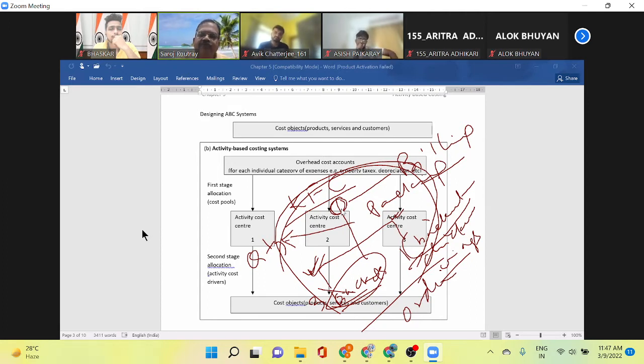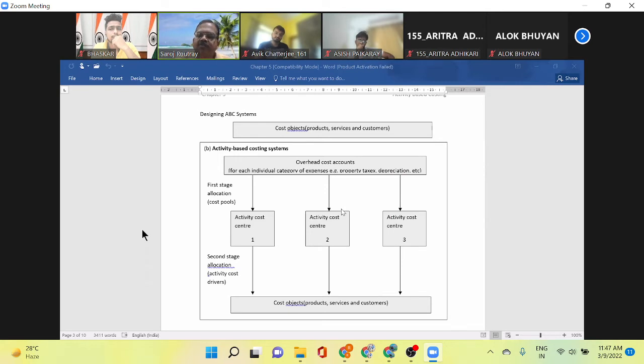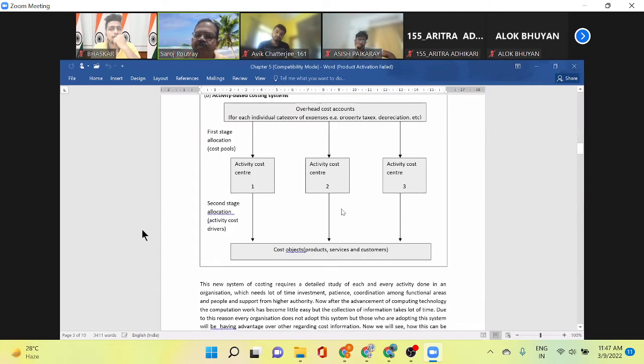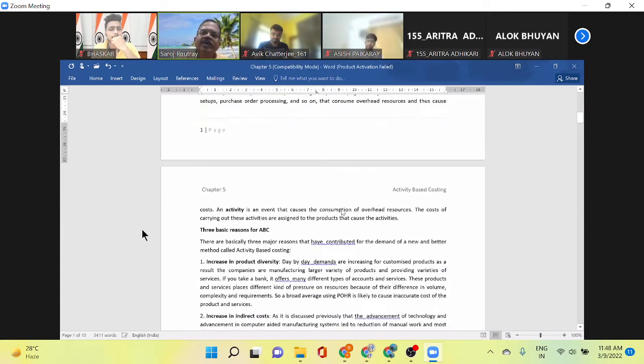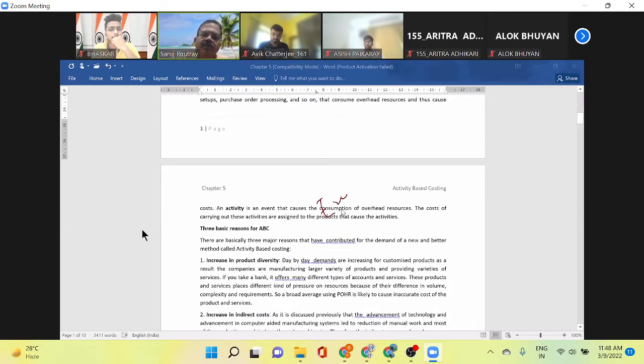Therefore, we have a better method of costing, which is called activity-based costing, and 30 to 35%, 40% of companies are following this activity-based costing. Why are 60% of companies not following it? The reason is that it's a very expensive way of estimating the cost. Very expensive, and very time consuming.